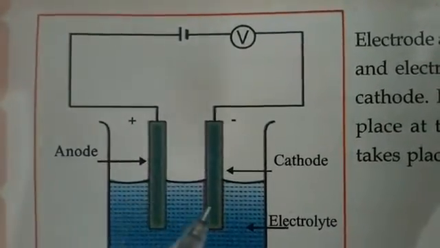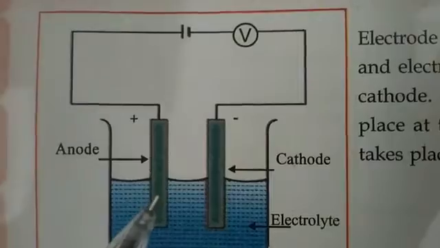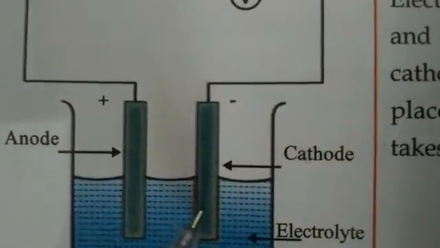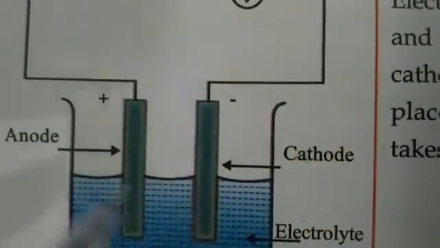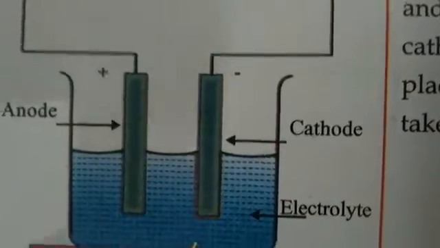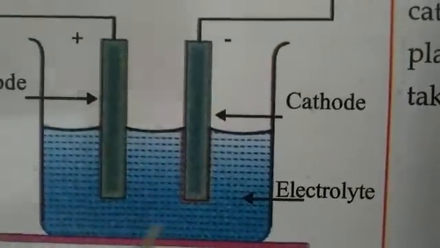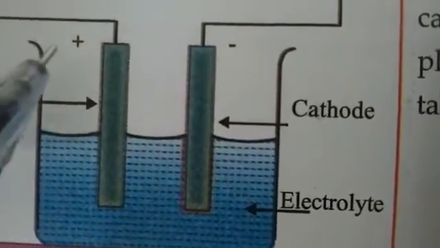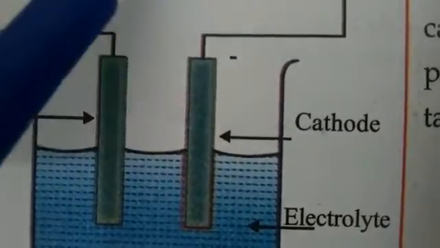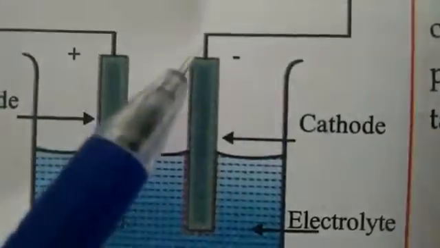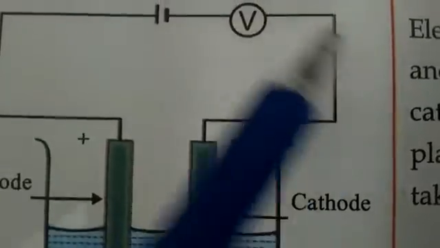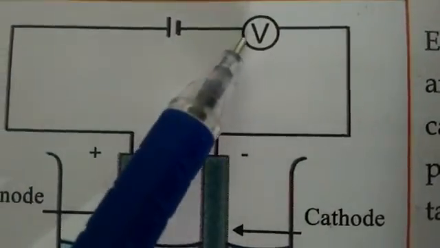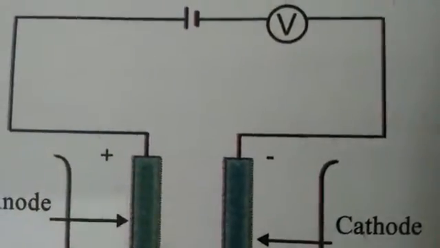Then these are the two electrodes, anode and cathode. Then this is the electrolyte which conducts electricity or which passes electricity through it. Then it is connected with the wire and voltmeter. Here two electrodes are connected with the wire, and at the same time we can see the voltmeter also.